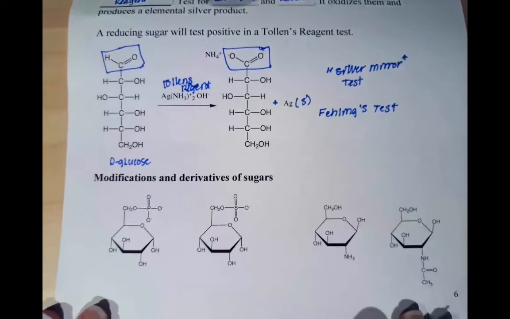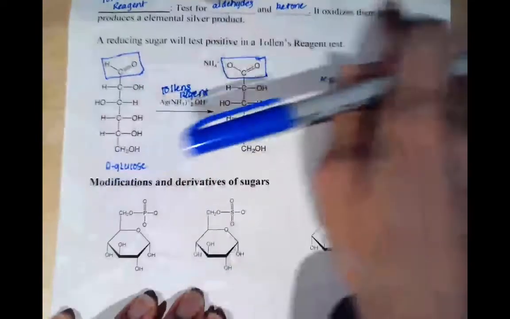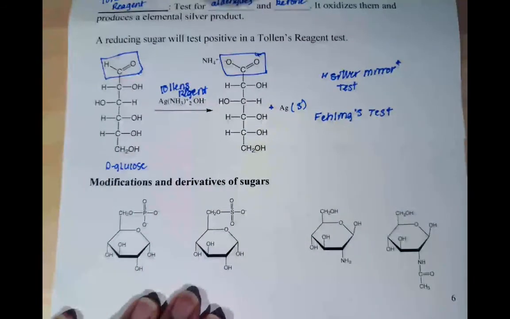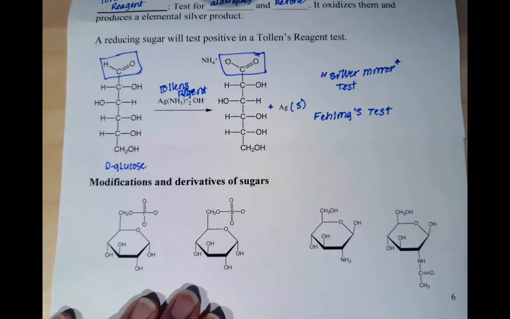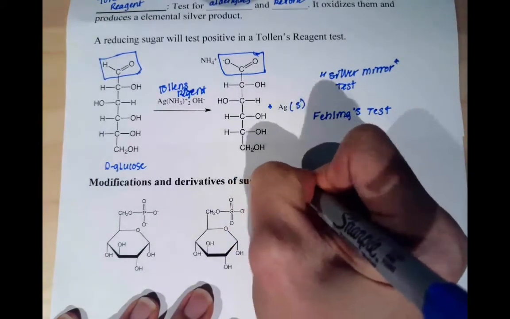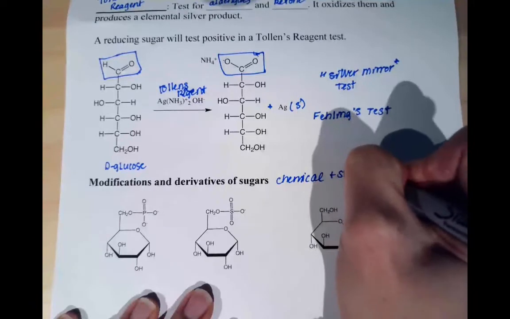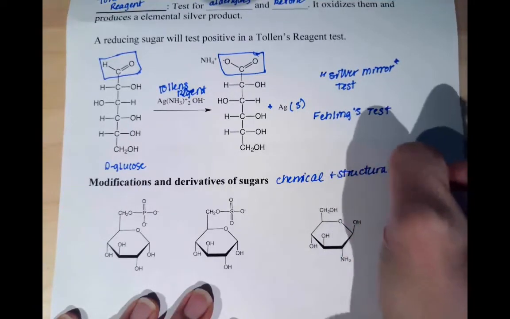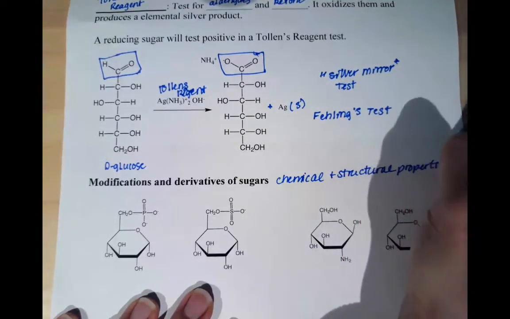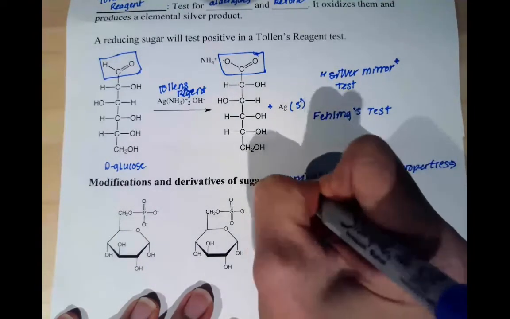Let's talk about modifications and derivatives of sugar. We'll see, particularly when we get into polysaccharides, that modifications and derivatizations are going to really impact the chemical and structural properties of this sugar, which is ultimately going to affect its function in the cell.